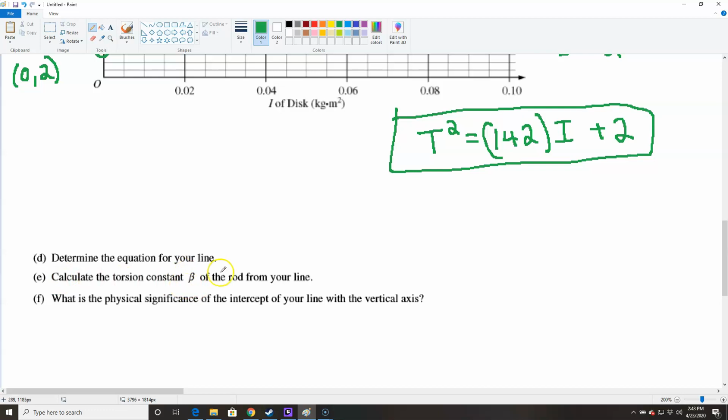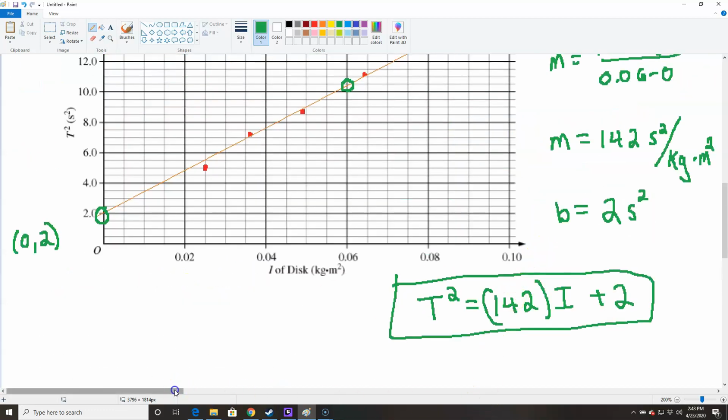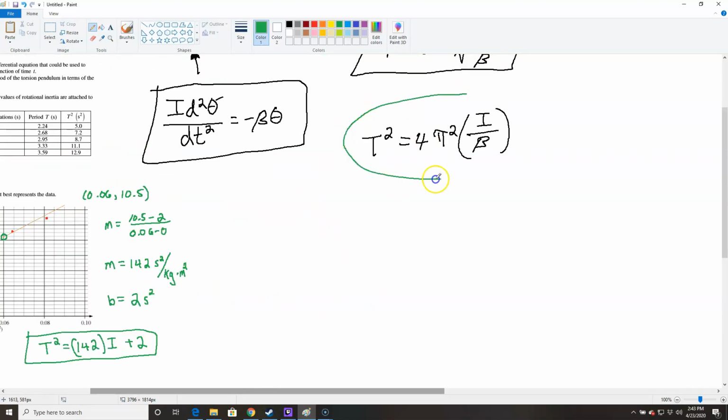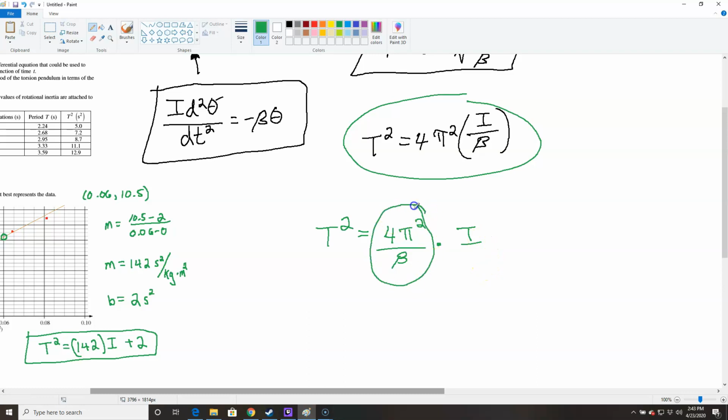Part E, as I predicted, let's go find beta. So if we zoom out a moment here, and we see I made reference to this equation earlier, what I can say is T squared equals 4 pi squared over beta times I. What this tells me is this has got to be my slope of 142.